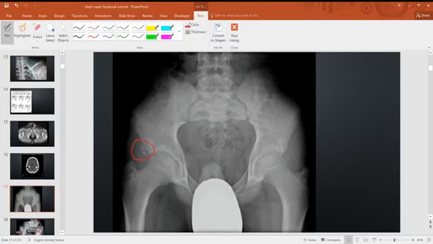So what is the muscle attachment in the greater trochanter here? Can you remember the muscle attachment in the greater trochanter?